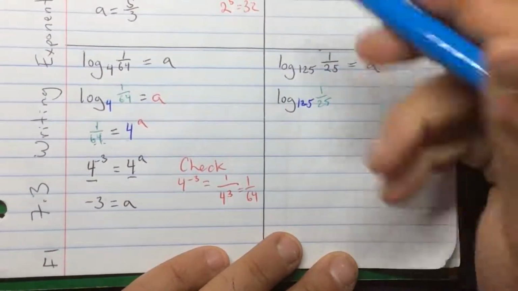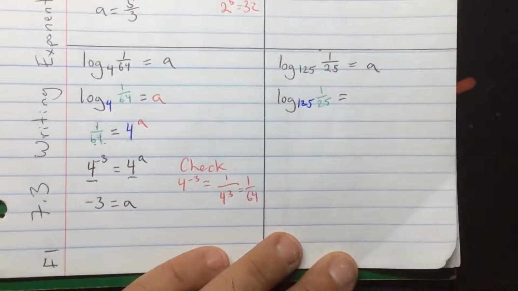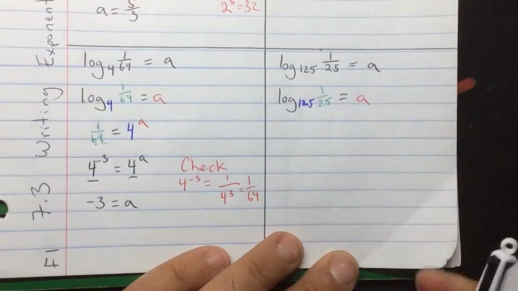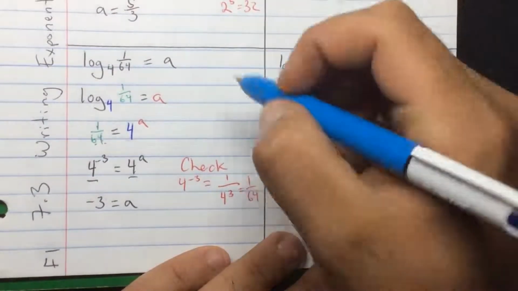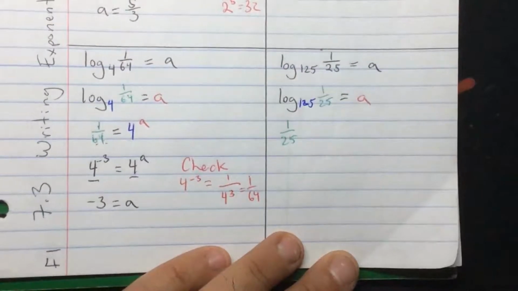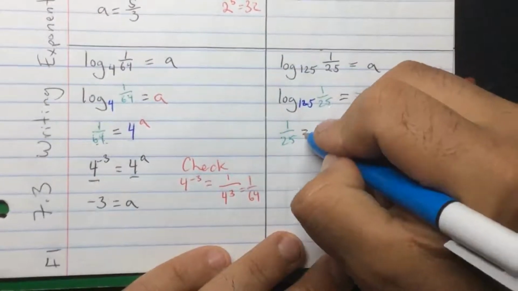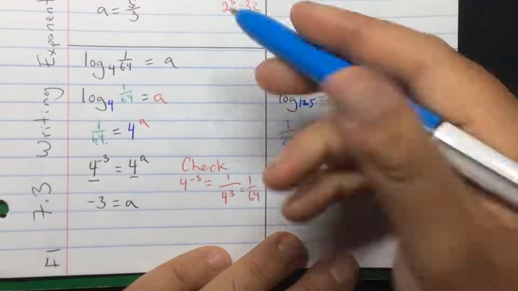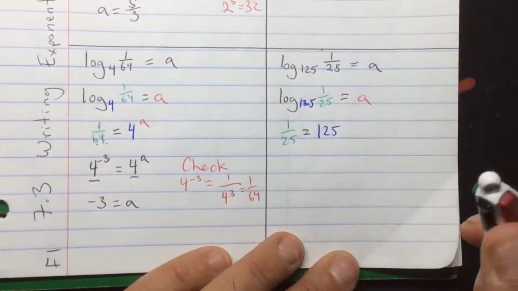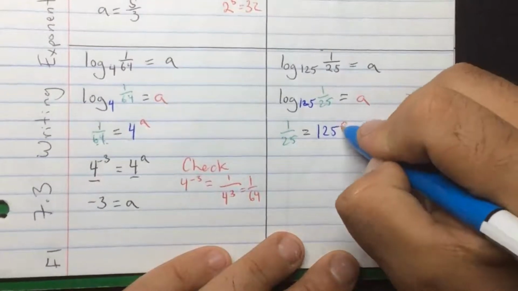And this is equal to our y, or in this case our a, which is red. To rewrite this, we have 1 over 25, and this is going to be equal to our base, 125, to the a power.